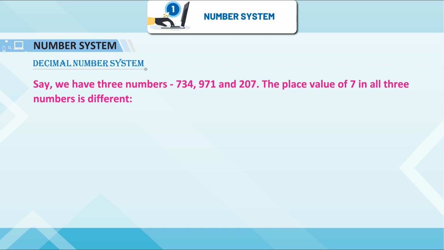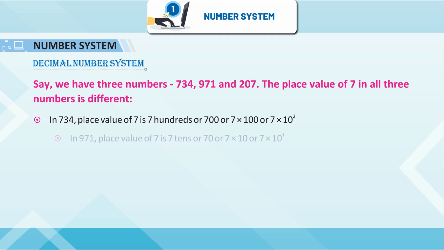Say we have 3 numbers: 734, 971 and 207. The place value of 7 in all three numbers is different. In 734, place value of 7 is 7 hundreds or 700 or 7 multiplied by 100 or 7 multiplied by 10 square.